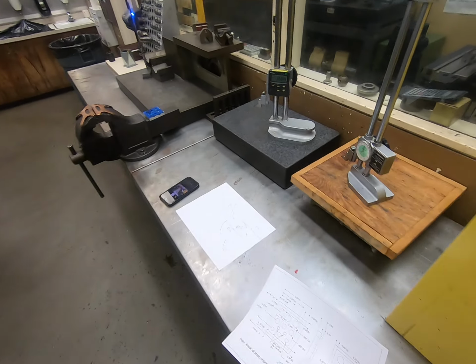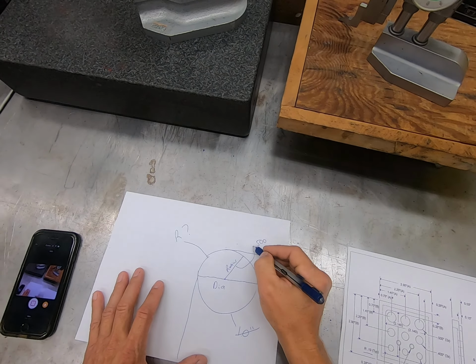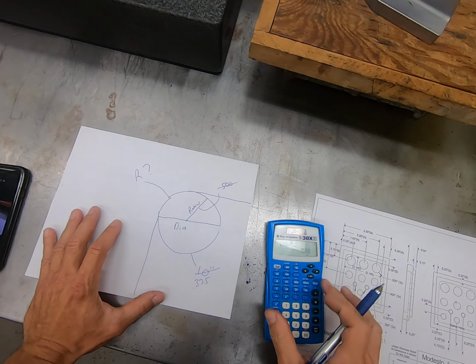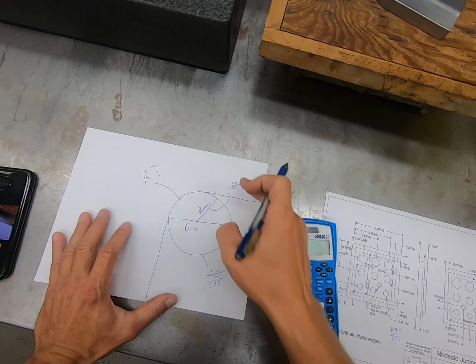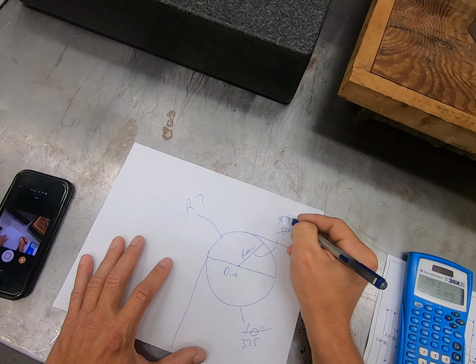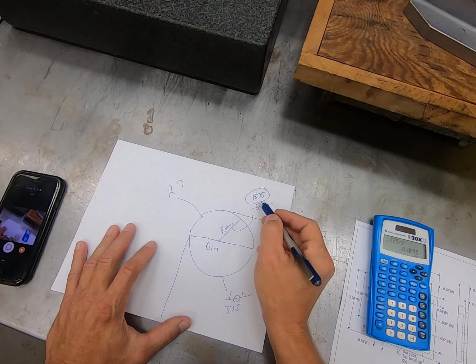If I look at my blueprint, and instead of it being 1 inch here, this measures 375, we say 0.375 divided by 2, because the radius is half of that. That comes out at 187.5. So that's the radius that a 375 tool is gonna generate.